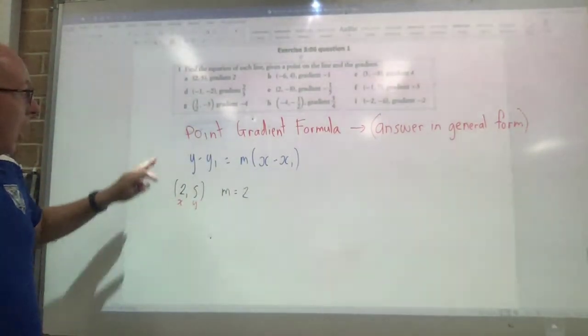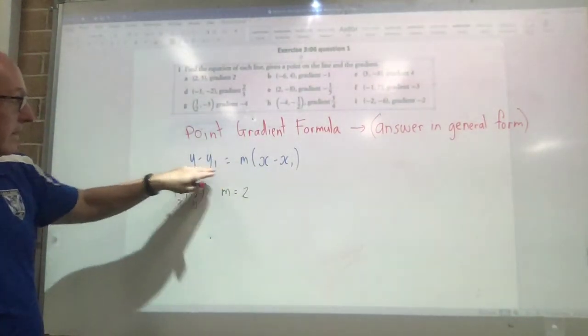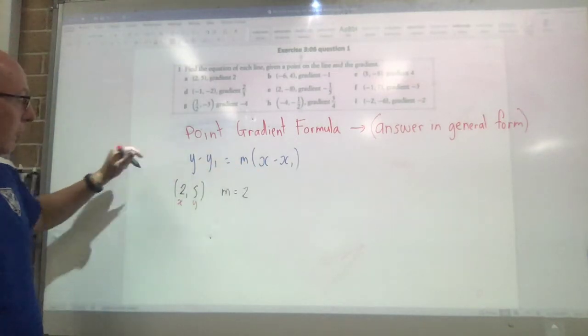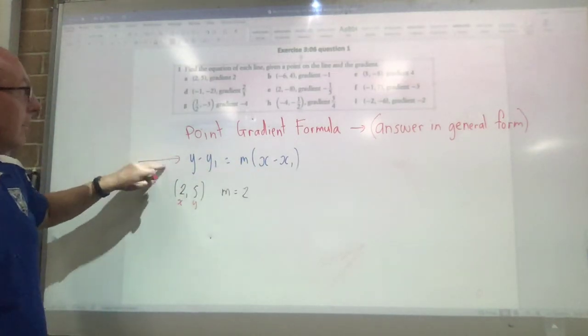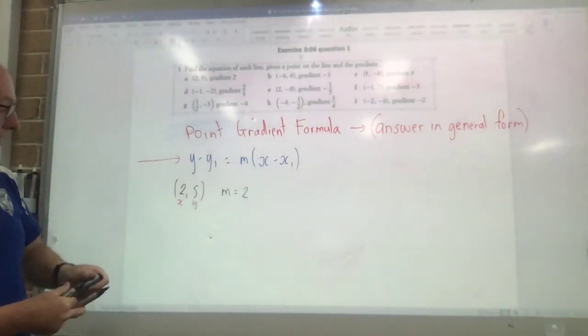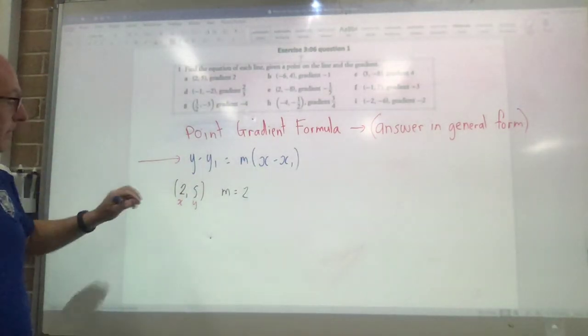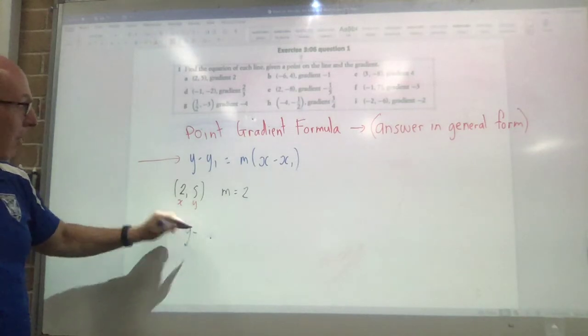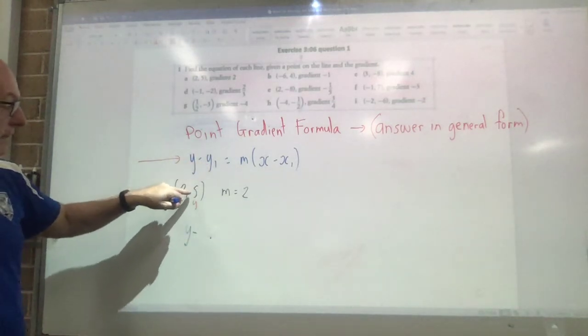All right, so I'm going to put these numbers into this formula. This is a formula that we're going to work from for all of these questions. Okay, so here we go. First question, I'll use the blue pen, is y minus y1. So y1 is just the y coordinate.